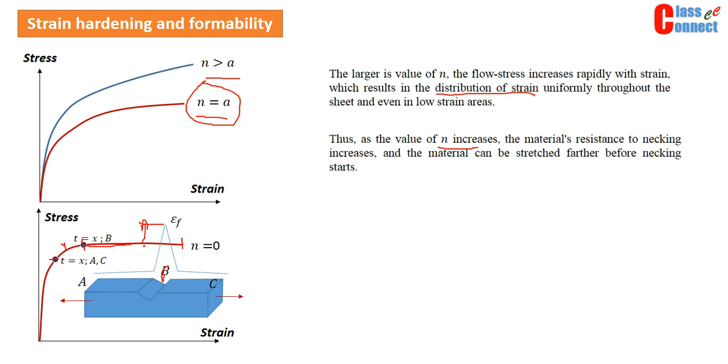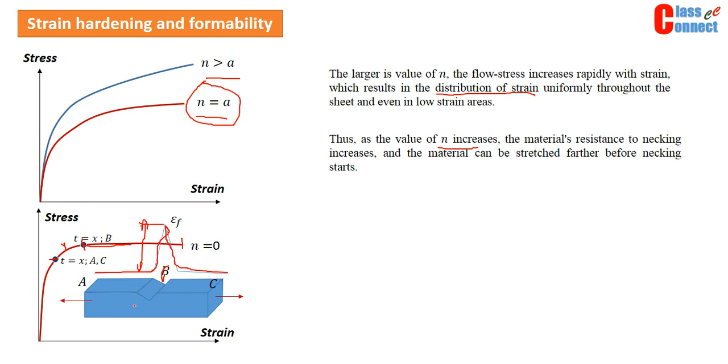This particular figure shows the strain distribution from point A to point C through B. So it means the strain here is 0, it is slightly increasing, and here it is too high up to the fracture, and then again at the other point it is very less.